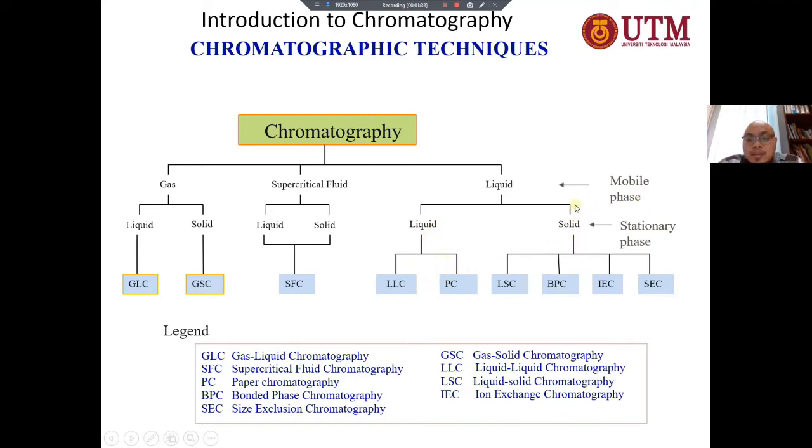If the stationary phase is solid, we can have liquid solid chromatography, or bonded phase chromatography, or ion exchange chromatography, or size exclusion chromatography, where the stationary phase is solid. So don't worry. When we enter the chapter on liquid chromatography and solid chromatography, you can understand it much better.